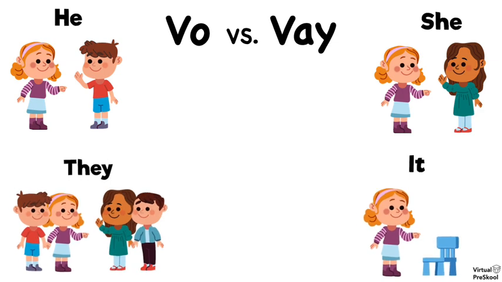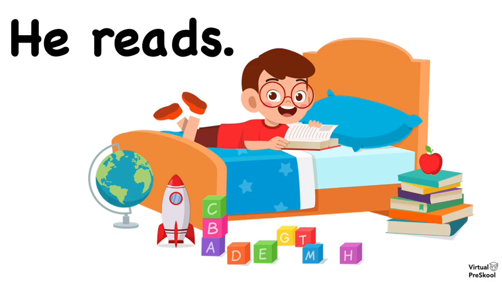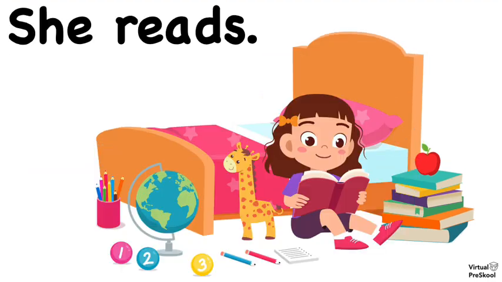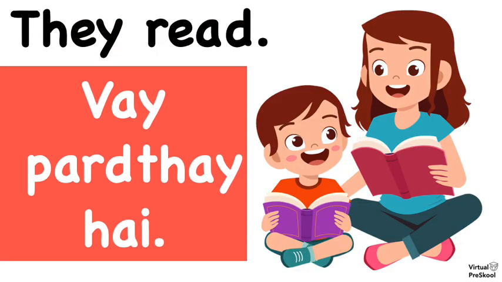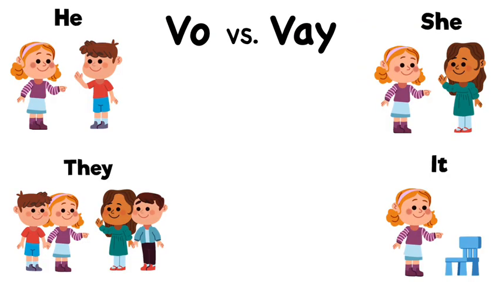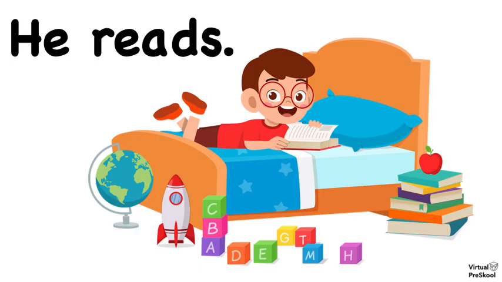Technically, ve is the correct word to use. So these sentences would be ve padhta hai, ve padhti hai, and ve padhte hain. But in everyday conversational Hindi, most people say vo. So in my classes, I teach vo.